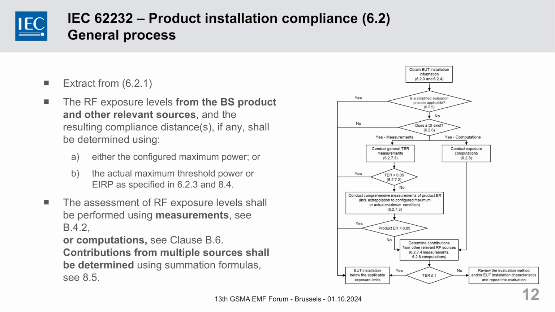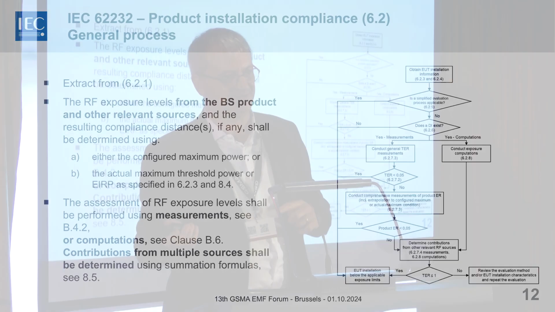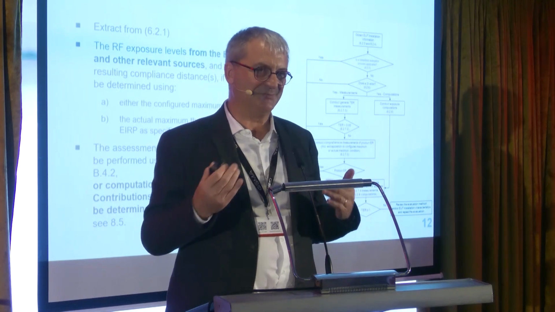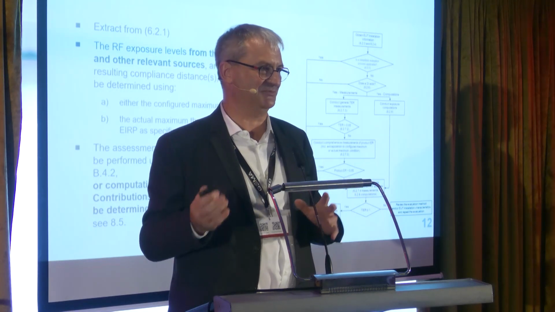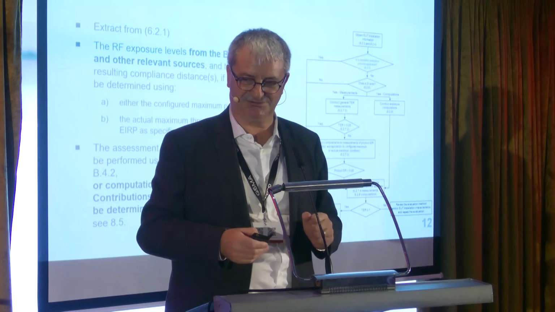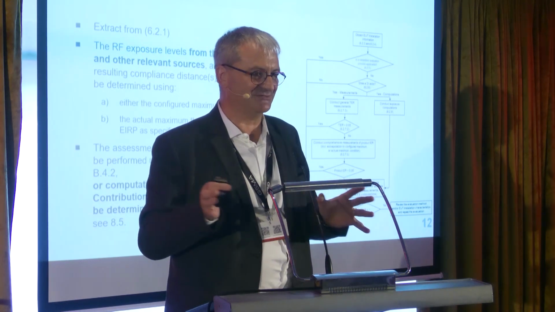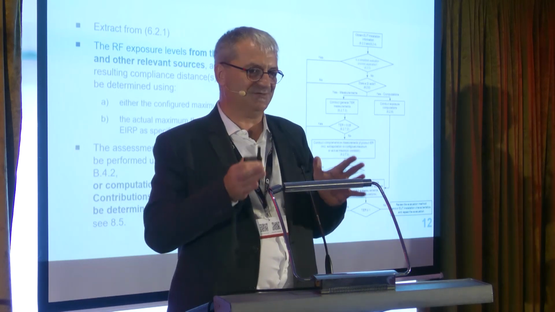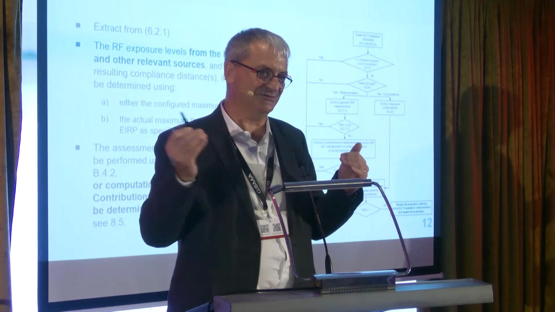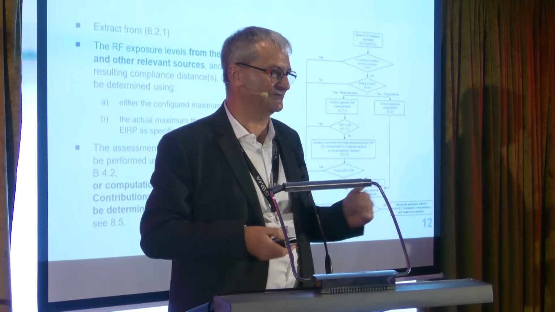You consider the configured max of the base station and/or the actual maximum power, taking into account the traffic variation. Again, this can be done by measurements or computation, and practically, most of the time, computations are now used for such situations. I will not go through the flowchart, but that's a reference of how precise we need to be in order to avoid misinterpretation in the implementation.